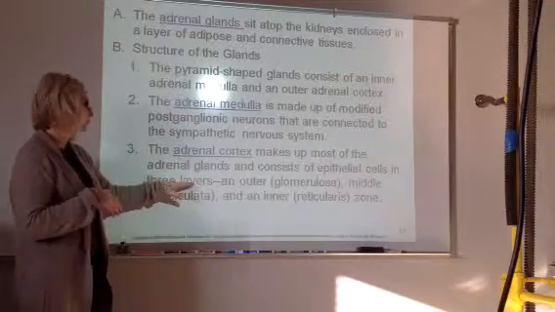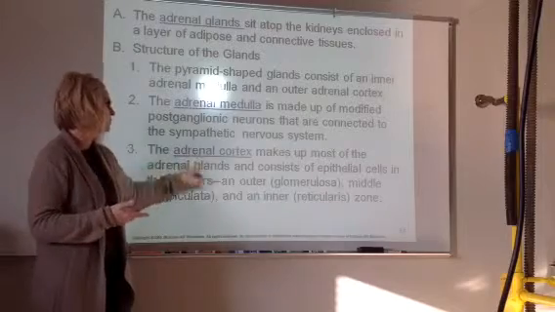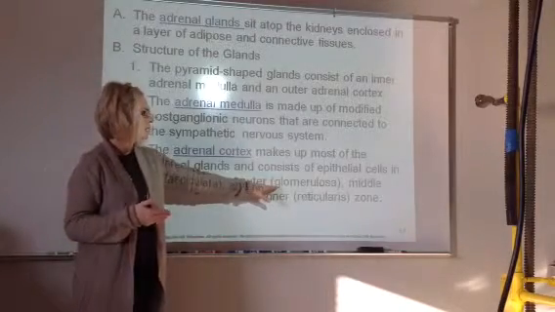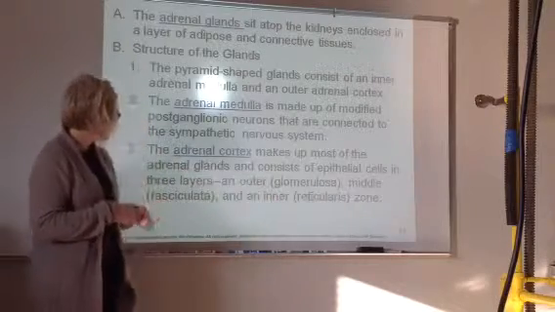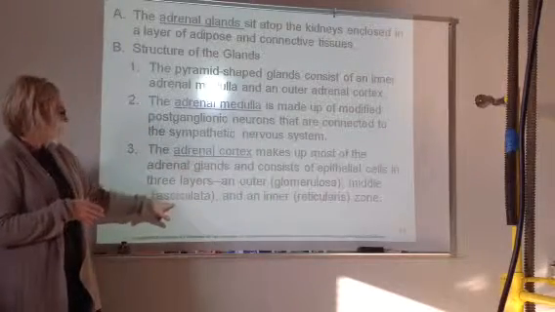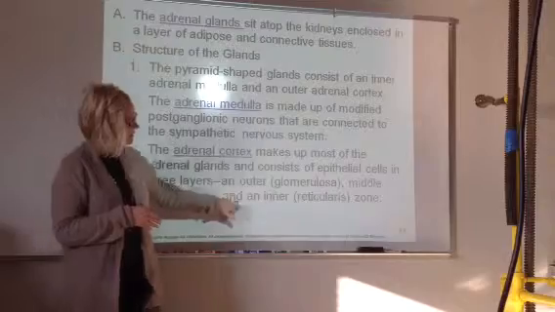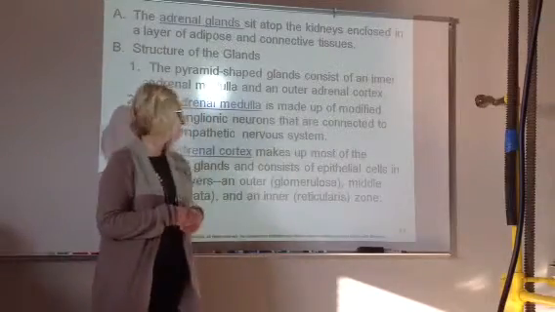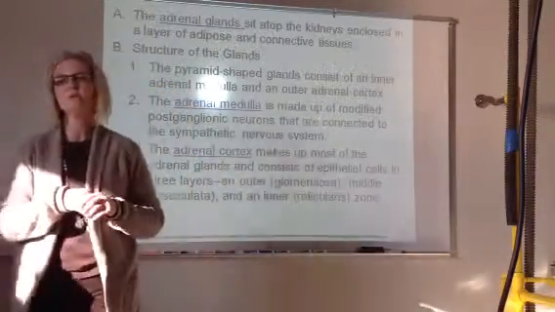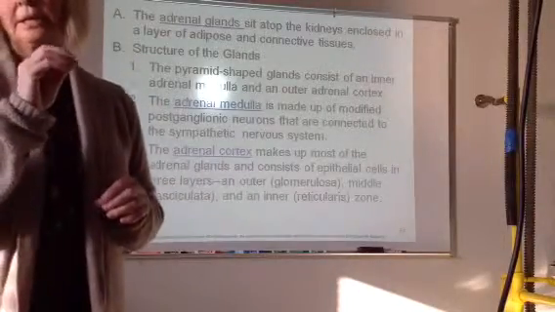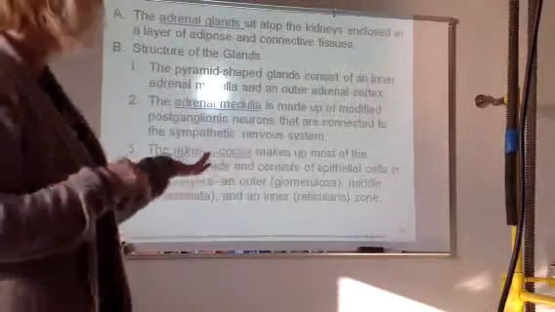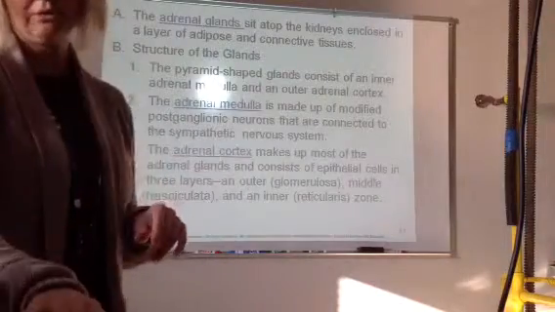And they have 3 layers of the cortex: the outer zona glomerulosa, the middle fasciculata, and the inner reticularis zone. You should know the two main parts: there's an inner medulla and an outer cortex, but you don't need to know the layers of the cortex.